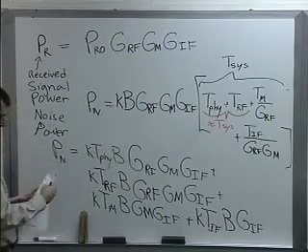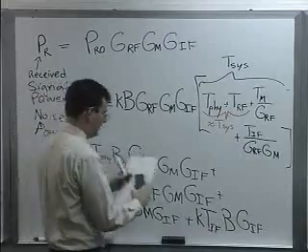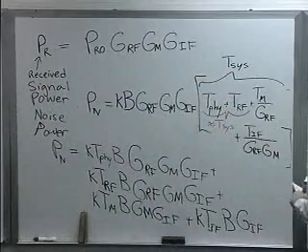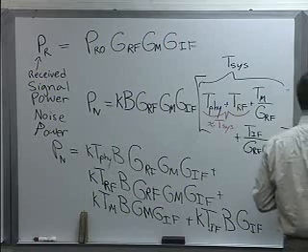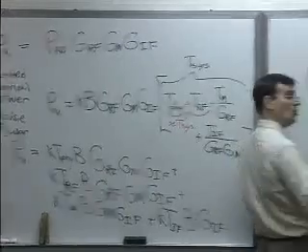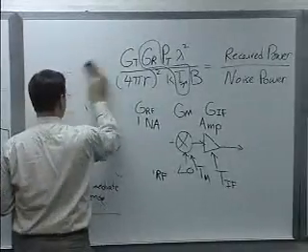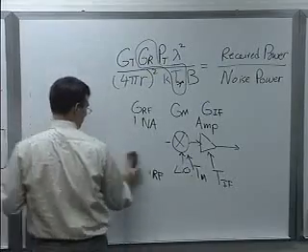Pretty straightforward. One thing that you should be aware of is that sometimes when you see a device, instead of quoting a device temperature, it will quote a noise figure instead. I've got a sample spec sheet I'll show you in a second.